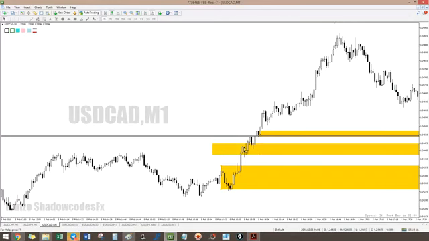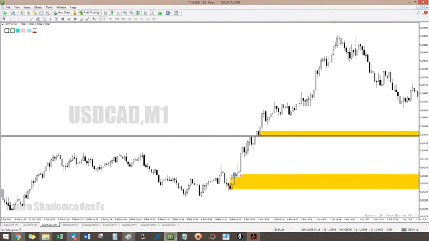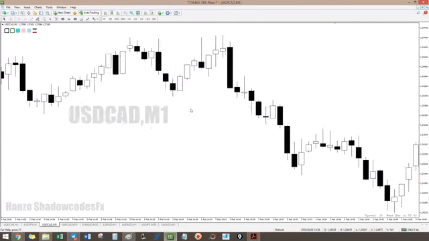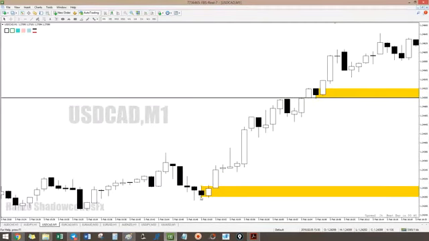Clean break. And this is not clean. If it's not clean, just delete. This is also not clean, right? Look, I zoom in. Look, it's not clean. It is broken by 2 candles. So not clean.